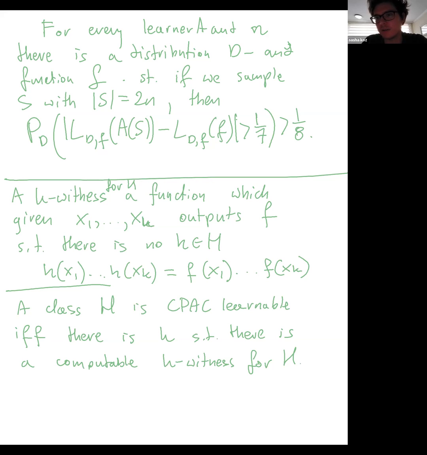It means that for most f, the output of the learner will be quite far from the objective function. But for functions from the hypothesis class, it should be very close by definition, because if we take f which is realizable by H, then the best approximation error is 0 in the class, right? Because it's from the class.